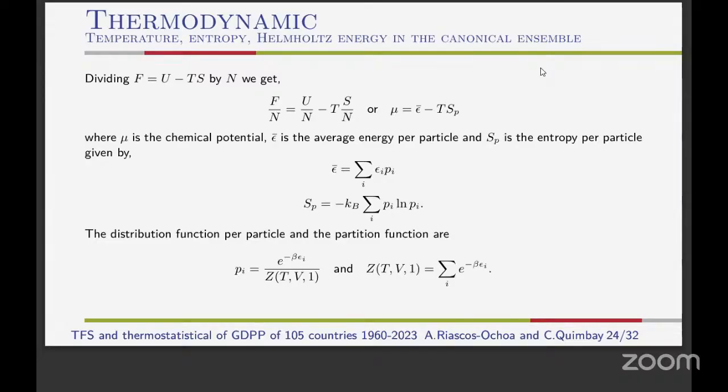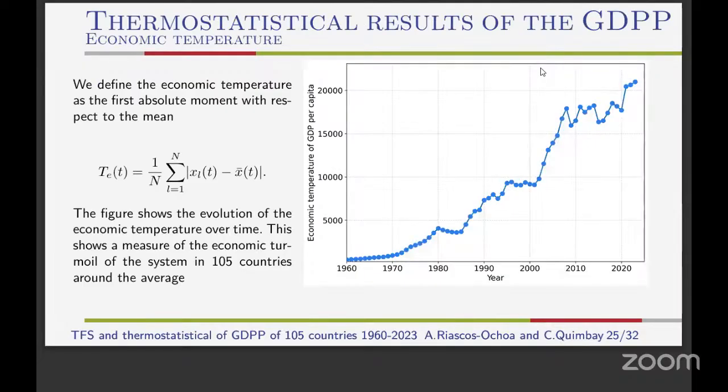Y la entropía de la partícula se puede escribir en términos de esta expresión. La función de partición de una partícula se escribe así y la función de distribución de probabilidad se puede escribir de esta manera.